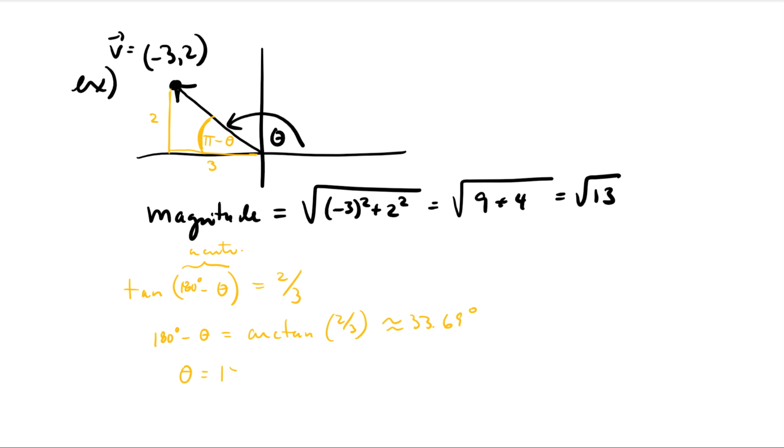So theta is going to be 180 degrees minus the 33.69 degrees. If you solve this equation for theta, this is exactly what you get. Sorry, not 56, but 146.31 degrees.